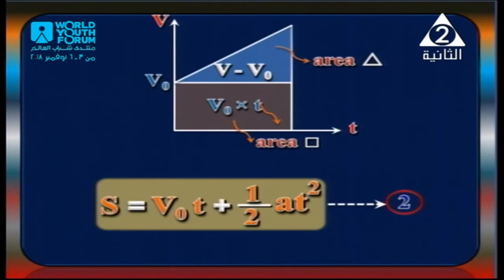S equals V naught T plus half AT square. If we have the given displacement S or the distance and V naught and the time, and the required is A, we can use this rule to find the value of acceleration A.